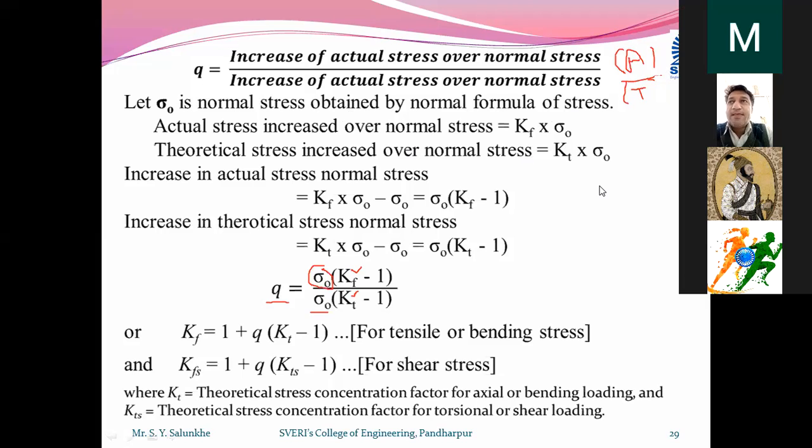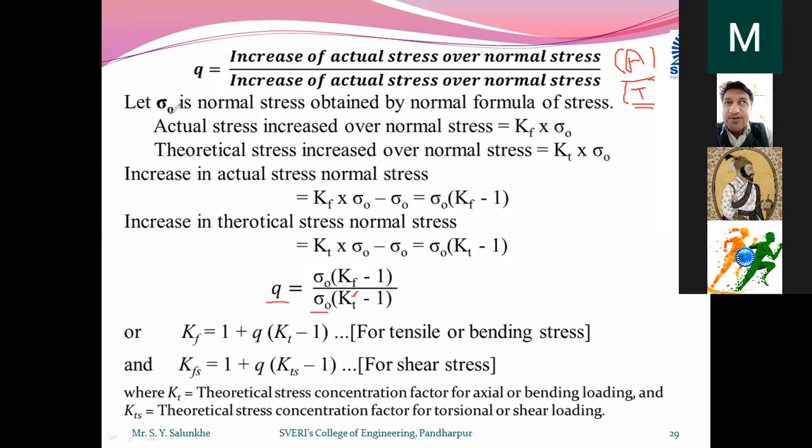Yes, okay. So this q value, which is the notch sensitivity value, is calculated as the increase of actual stress over the normal stress in actual condition, relative to the increase of actual stress over normal stress which we calculate in terms of theoretical stress concentration.